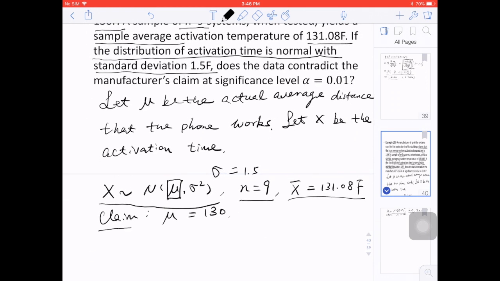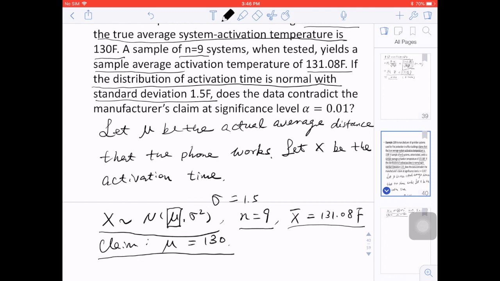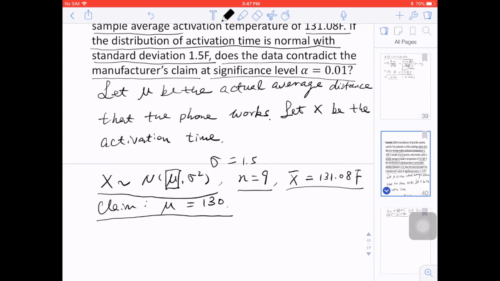So my claim is mu is equal to 130. Does the data contradict the manufacturer's claim at significance level alpha equal to 0.01? So it means this claim versus mu is not equal to this value.